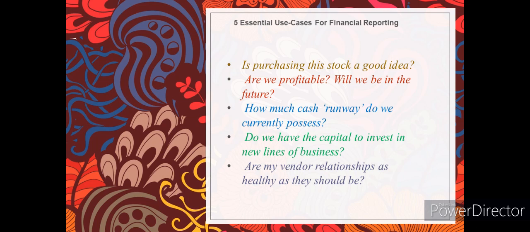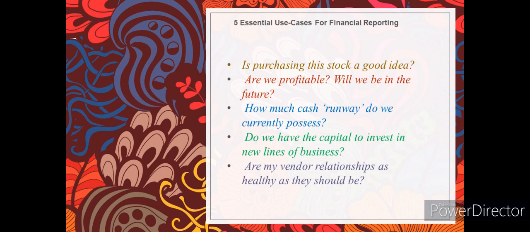Next is, are my vendor relationships as healthy as they should be? By checking your financial reporting, you will be able to see everything and make decisions regarding everything. Basically, companies make these financial reports for interested parties.